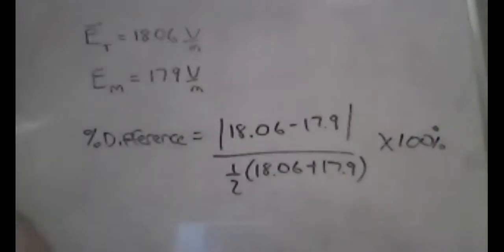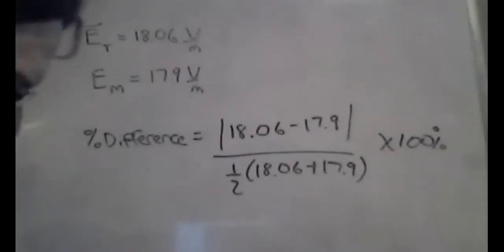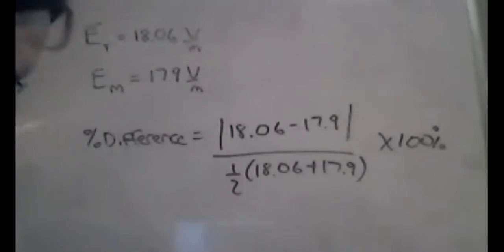I just measured these values, so I don't have an answer yet, but let's do it. So let's see, 18.06 minus 17.9. I got 8.8 times 10 to the negative third. Let's see what I get. 0.008898.